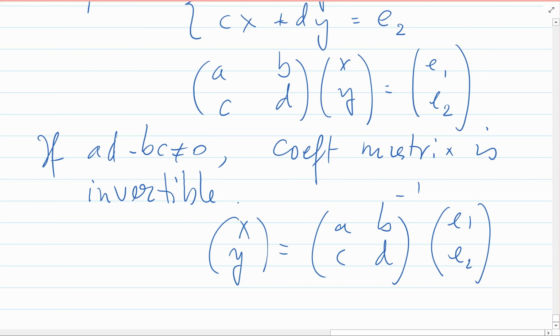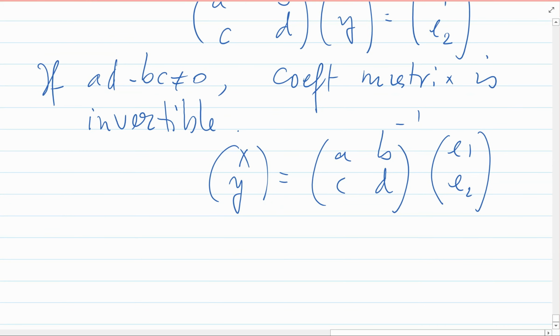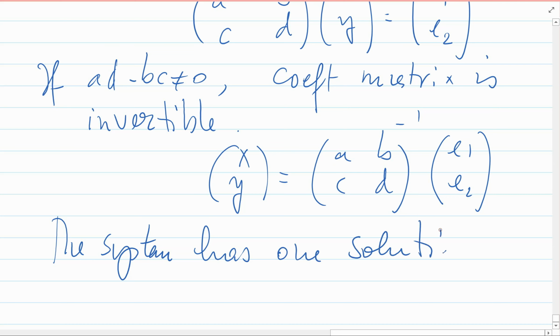So what does that mean? It means that the system has one solution. In fact, as you can see, this conclusion has nothing to do with 2 by 2. It can be any system with n unknowns and n rows, where the coefficient matrix is invertible.